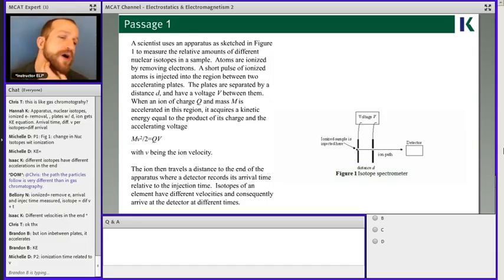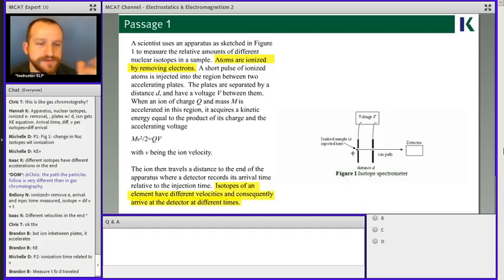So for paragraph 1, we could jot something down about the fact that we actually have that ionization. We've got a little bit of an outline here, maybe dealing with the fact that we have the atoms ionized. So we know we're going to have a net positive down there in that left-hand side of that figure for the isotope spectrometer. And we've got some more information that tells us that these isotopes have different velocities and arrive at the detector at different times or different places.